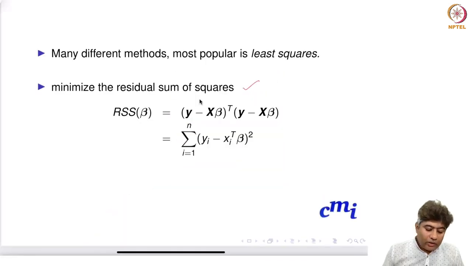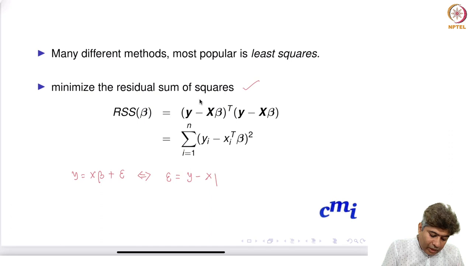The way the Least Squares method works is by minimizing the residual sum of squares. So why is it called residual sum of squares? Your model is y equal to x beta plus epsilon. You can write this model as epsilon equal to y minus x beta.